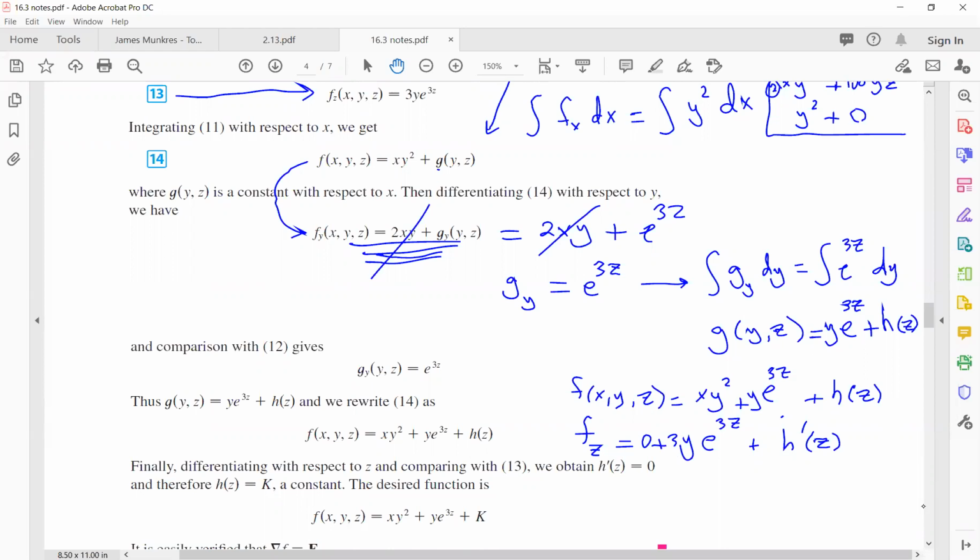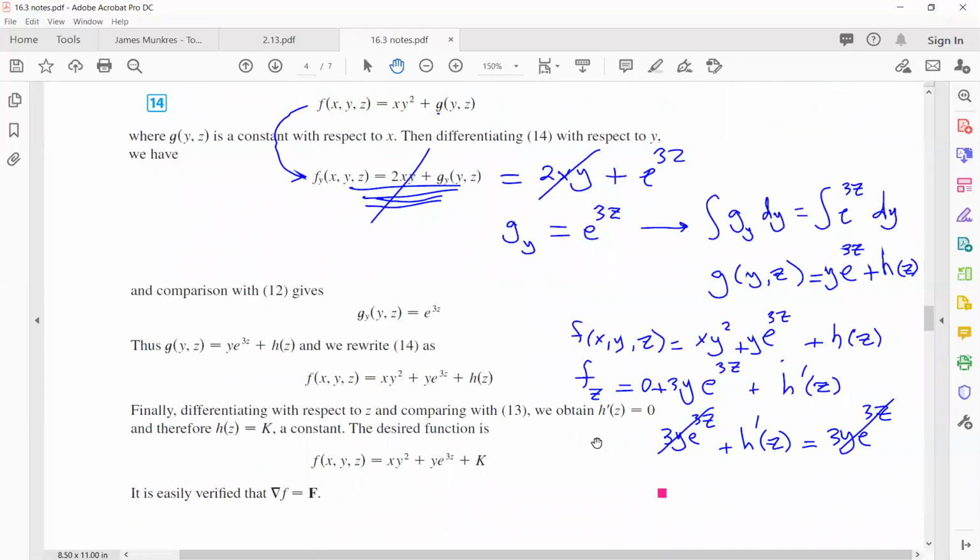So since the partial derivative of the potential function with respect to z and 13 are equal to each other, it means that 3y e to 3z plus h prime of z is equal to 3y e to z. So if you subtract 3y e to 3z from both sides, your h prime is equal to 0.